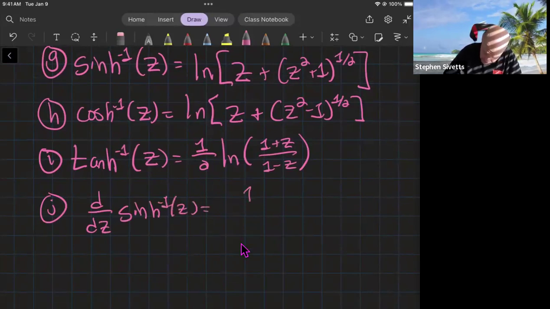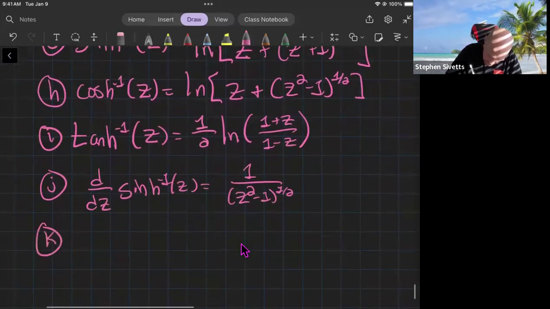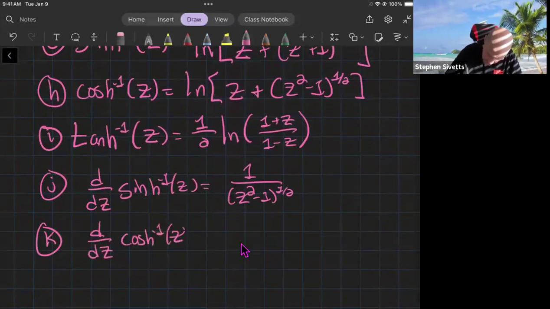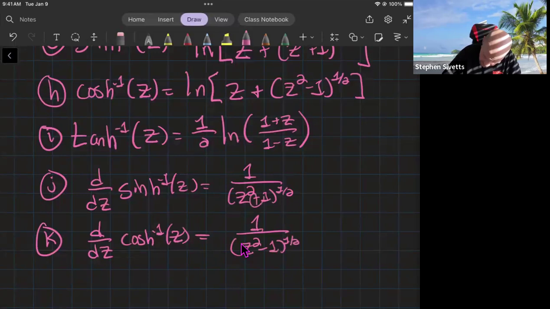So this equals 1 over z squared plus 1, to the 1/2 power. The derivative of inverse hyperbolic cosine of z equals 1 over z squared minus 1 to the 1/2. I meant plus 1 in the first one.